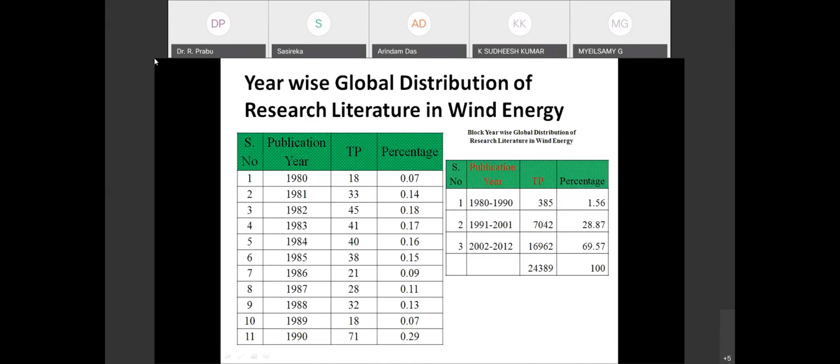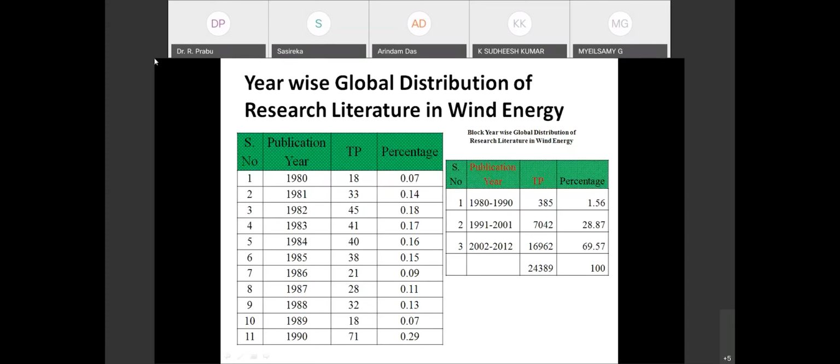When you look at the research productivity year-wise, in 1980 only 18 publications were produced. Gradually you can see an increasing trend every year, so we are able to see the developments in the area of wind energy. This slide discusses the block year-wise global distribution of research literature in wind energy. From 1980 to 1990 there were only 385 total publications in wind energy.